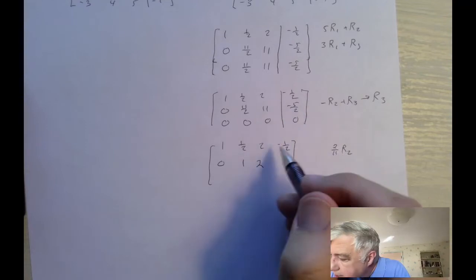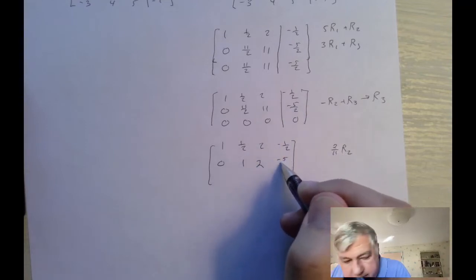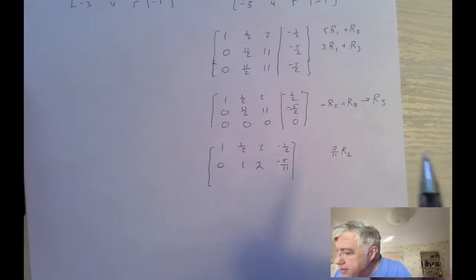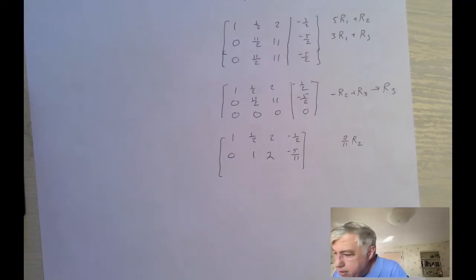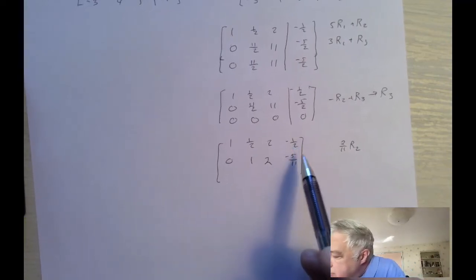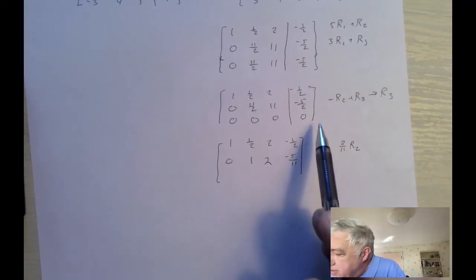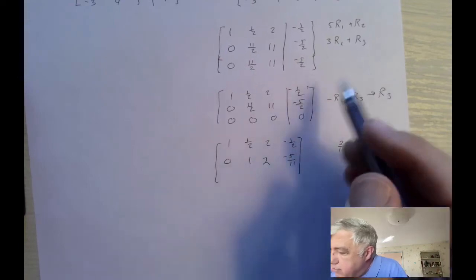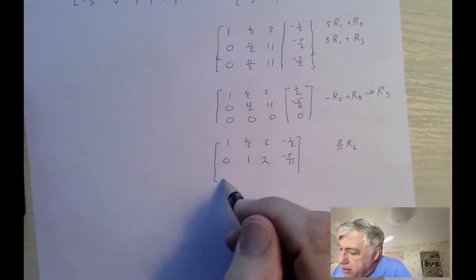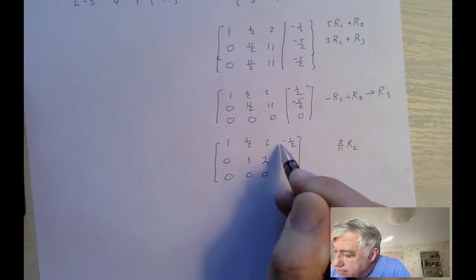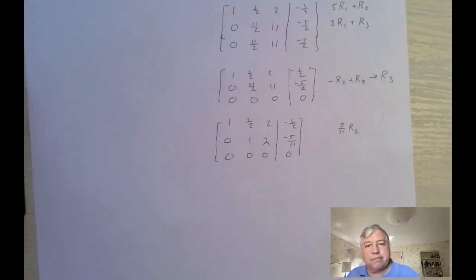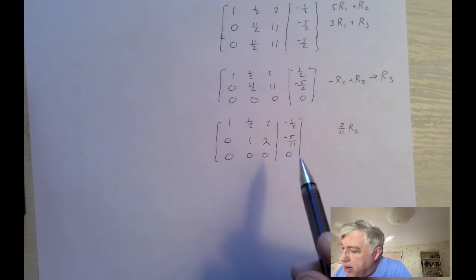And then this will be negative 5/11, because the 2's will cancel out. And then 0, 0, 0, 0.